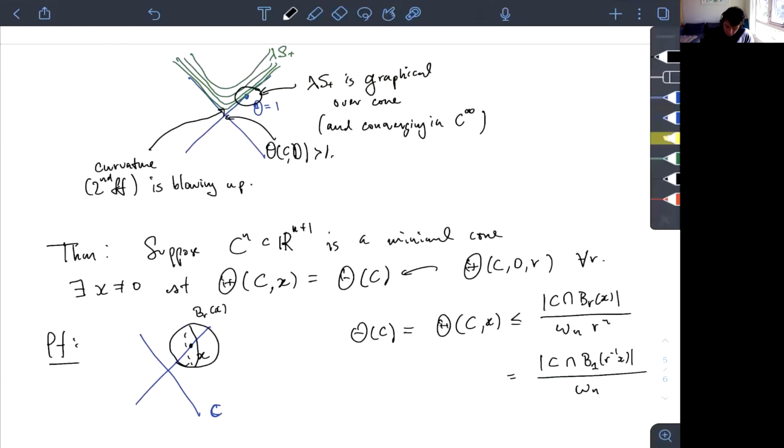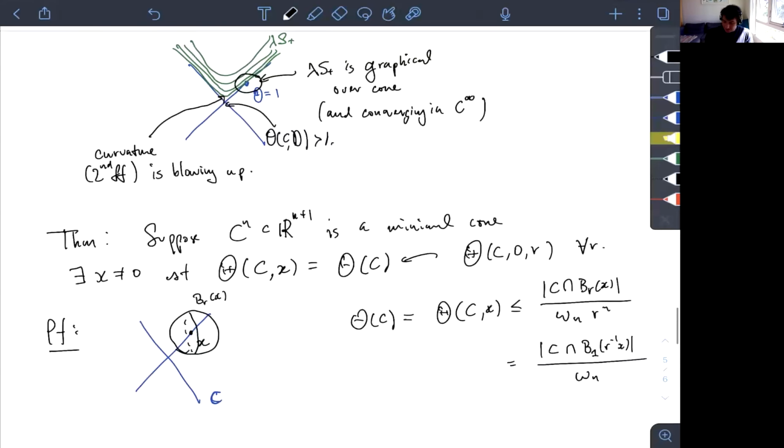Okay, so in other words, we're just going to scale everything down. The cone doesn't change. Well, we've scaled the volume by r to the -1, but that's compensated by canceling out the r to the n of the denominator. Okay.